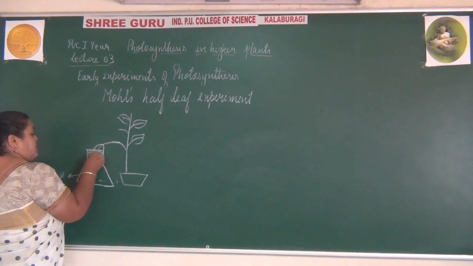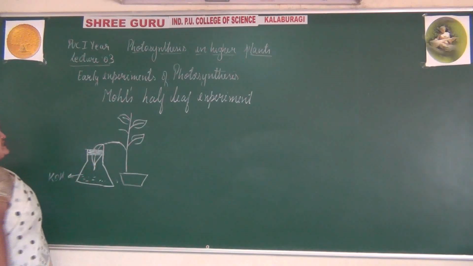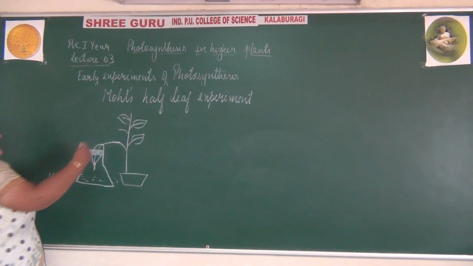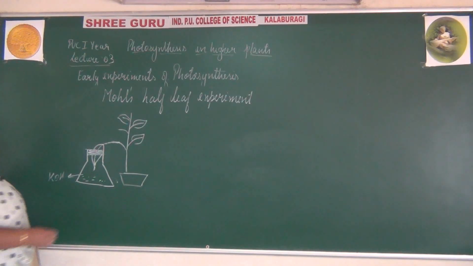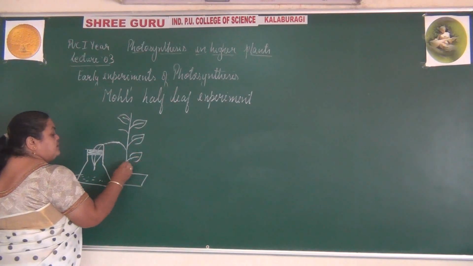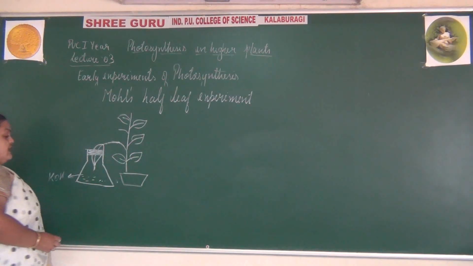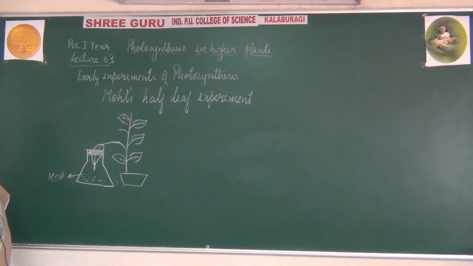Why is it called the half-leaf experiment? Because half of the leaf is inserted into the funnel containing KOH solution.